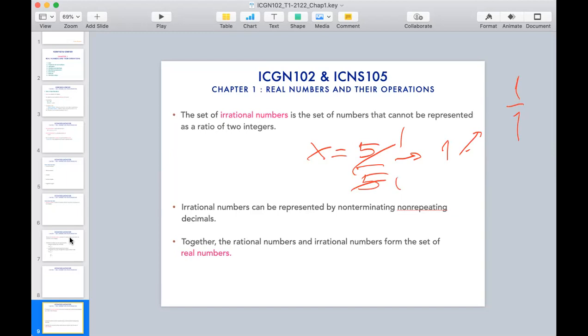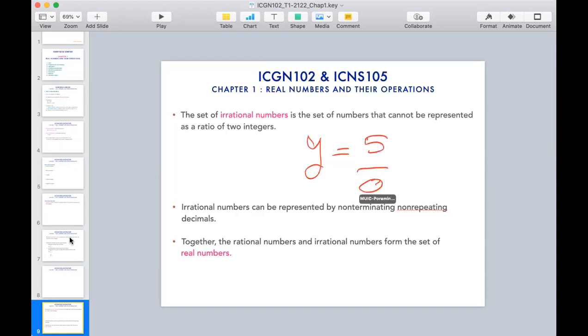Let's see another example. If y equals 5/0, even though 5 is an integer and 0 is an integer, you cannot divide 5 by 0. The answer is actually an imaginary number, and an imaginary number is not a part of the real numbers.